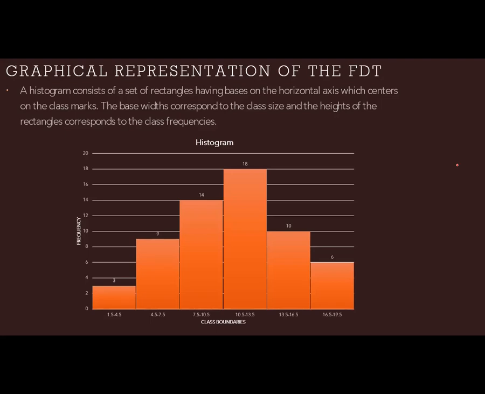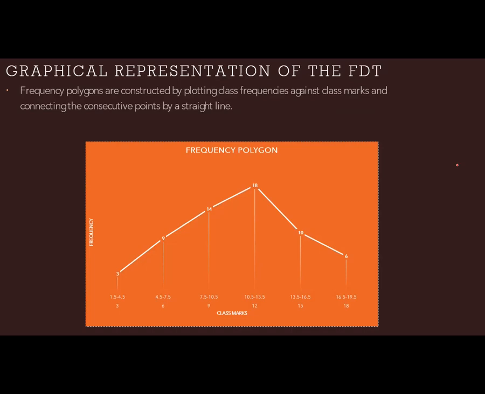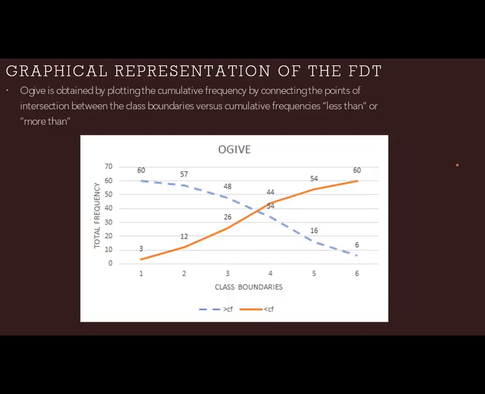So another thing is we can also make a frequency polygon. This can be done by plotting class frequencies against class marks and connecting the consecutive points by a straight line. And the last one is the ogive, which can be obtained by plotting the cumulative frequency by connecting the points of intersection between the class boundaries versus the cumulative frequencies less than or more than.